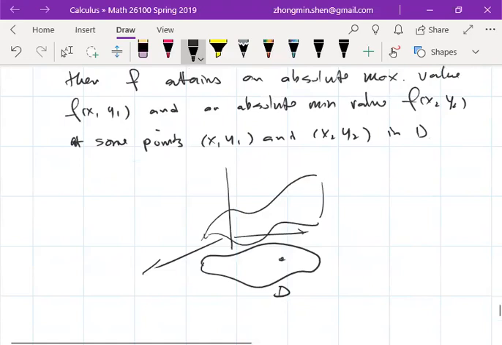But now our function is defined on a domain, so the so-called endpoint will be the boundary, like a circle or a square. So you have to look at all the possible values. Unfortunately, I don't have much time to discuss, but this is the idea of how to find the absolute maximum value.